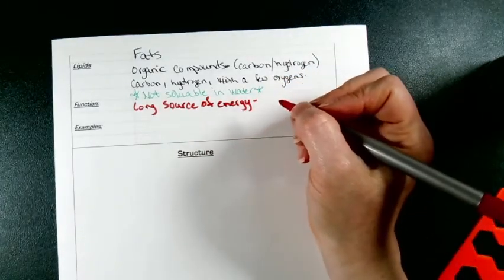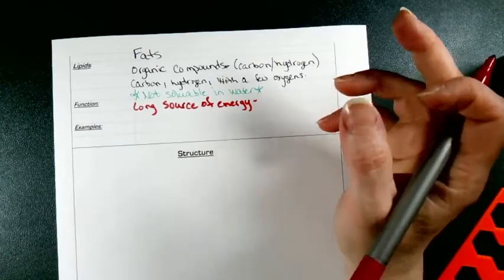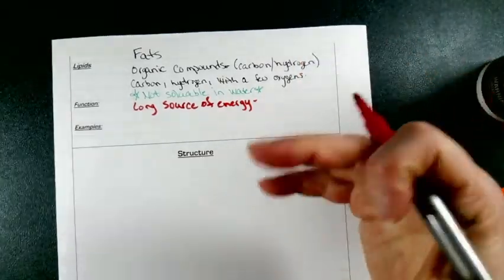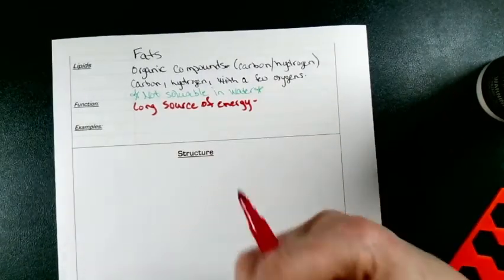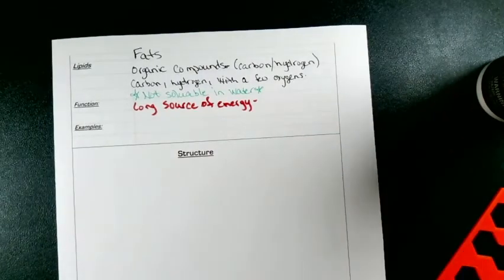So if you eat a heavy fat breakfast, say you eat scrambled eggs, and a ham steak or bacon, and a little bit of fruit, you're going to be satiated a little bit longer than if you were to eat that fruit by itself, because you have a little bit of fat that's going to take your body longer to break down and to digest, which will keep you going a little bit longer.